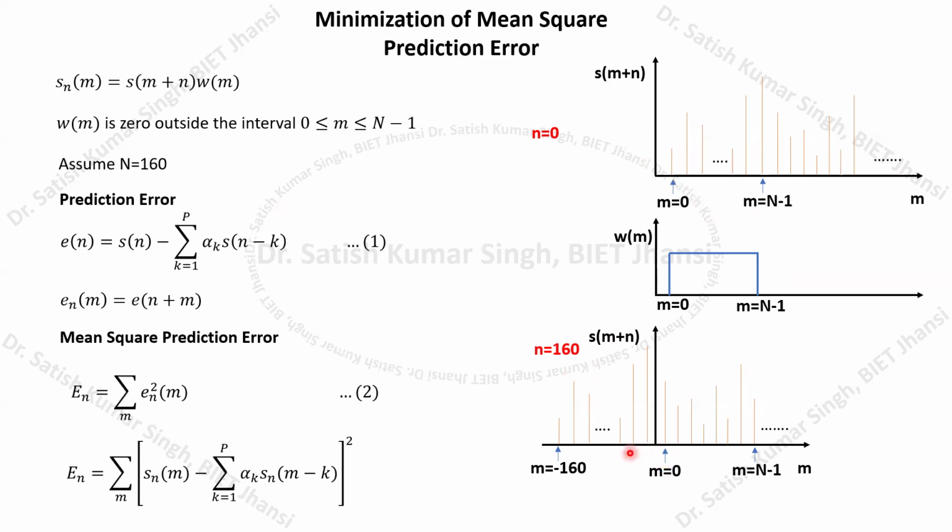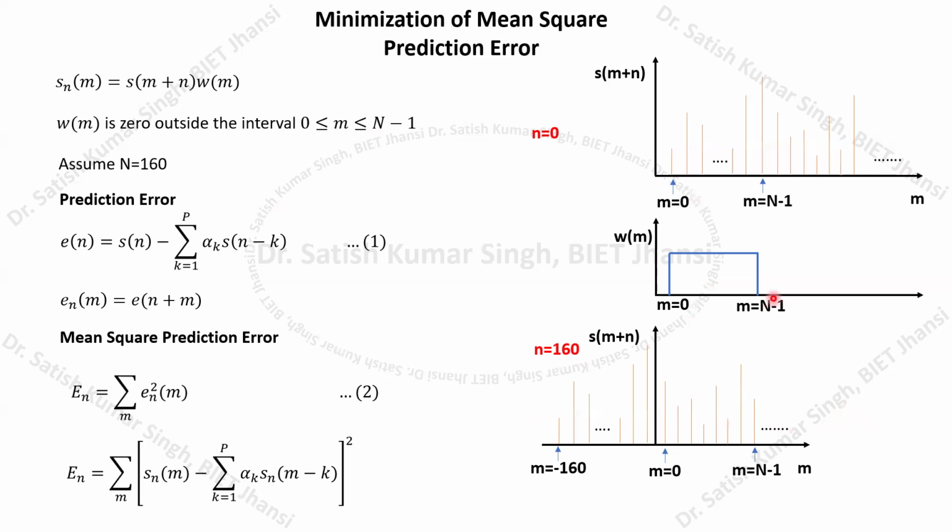All samples are shifted by 160, so this second frame moves to the left and comes into the range of this particular window. Now if you multiply by the window, again this second frame will be considered, and the rest of the samples will become 0 after multiplication with w(m).